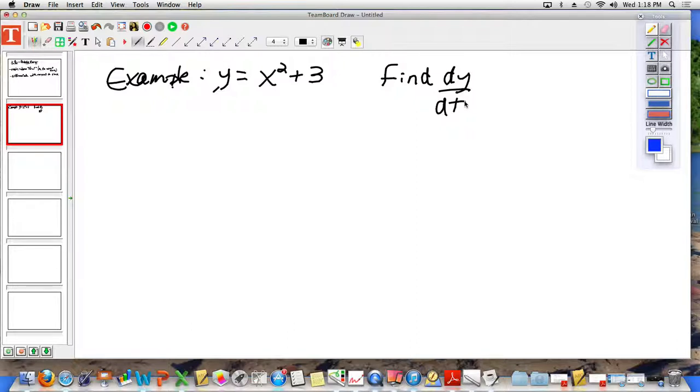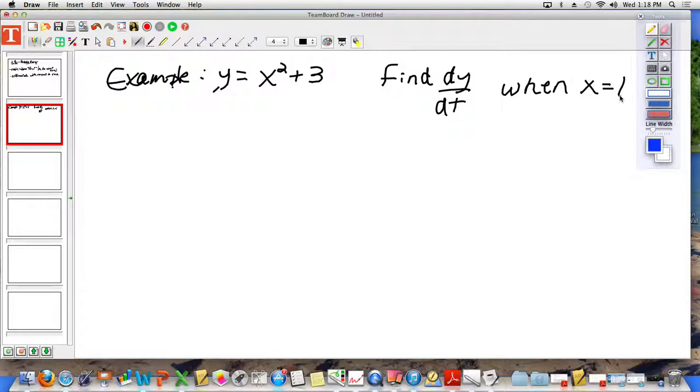But when you work through this, you're going to realize that you can't figure out how fast y is changing with respect to time unless you know some other pieces of information too. So you need to know that the x value is something. In other words, what I'm asking you to do is figure out how fast y is changing when the x value is 1.